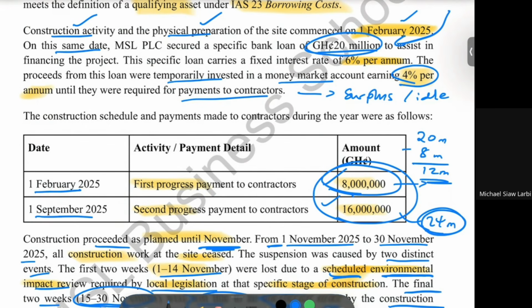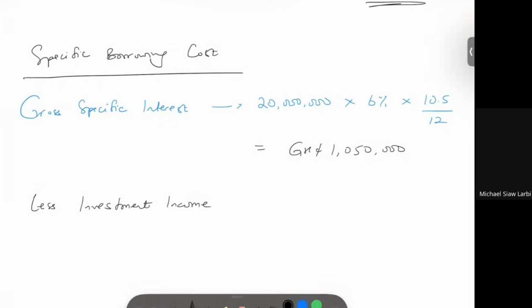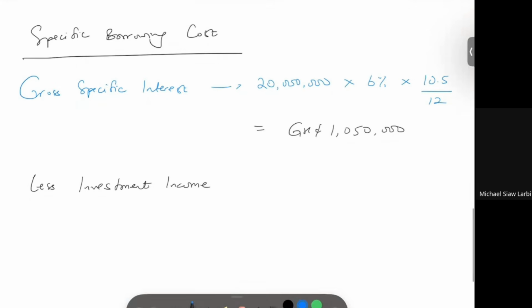So if we count our fingers, it means that you would have the money February, March, April, May, June, July, August, end of August. That's 7 months, right? And that's it. So we can say investment of the surplus funds.